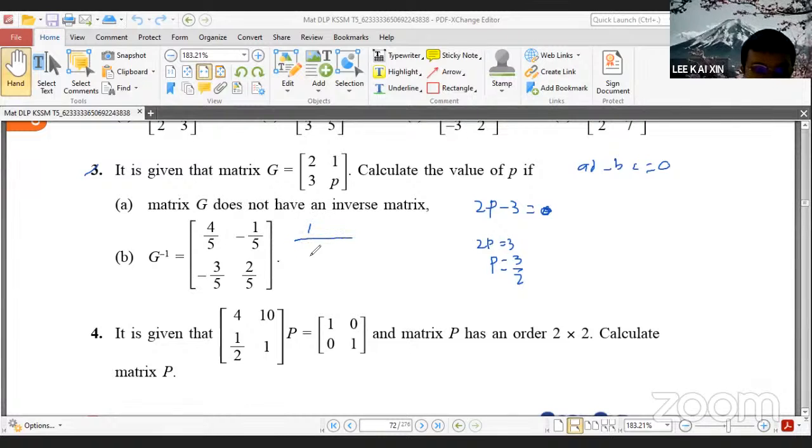For example, I use 1 over AD minus BC, which is 2P minus 3, times the one with P, negative B, negative C, and A. So you can use this method.